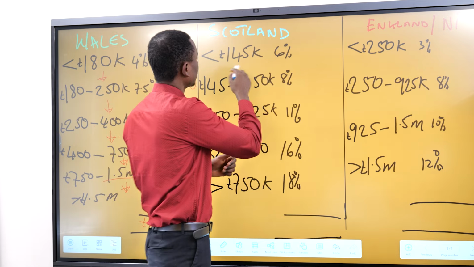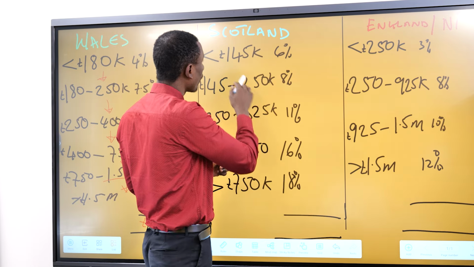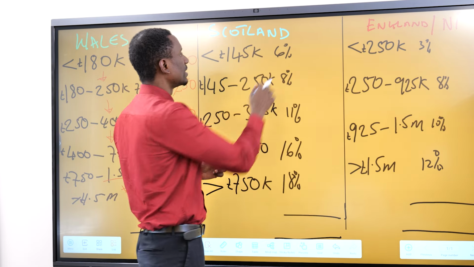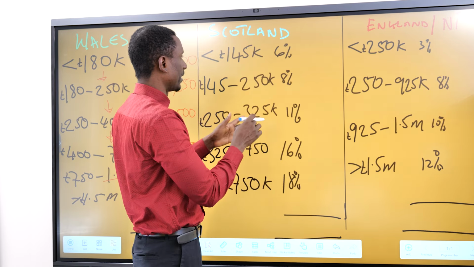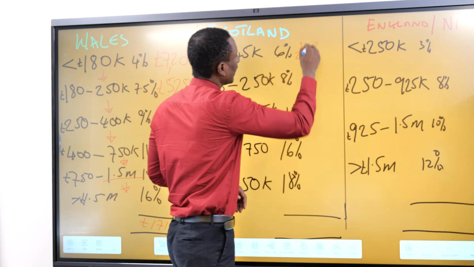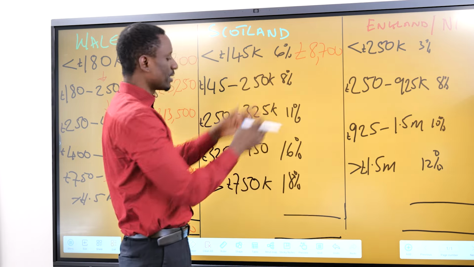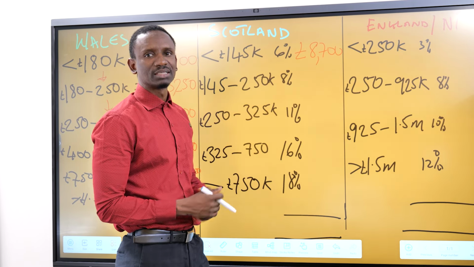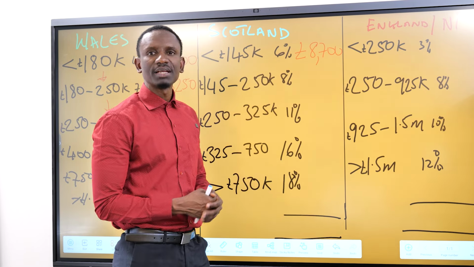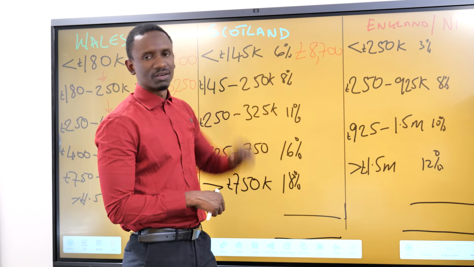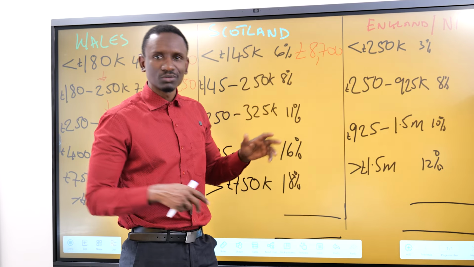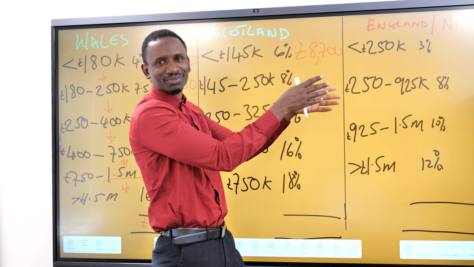So any property below £145,000, the tax you would have paid to the government is £8,700. That money is what your solicitor collects on behalf of the government and then pays to the government. So £8,700 goes to the government, okay?